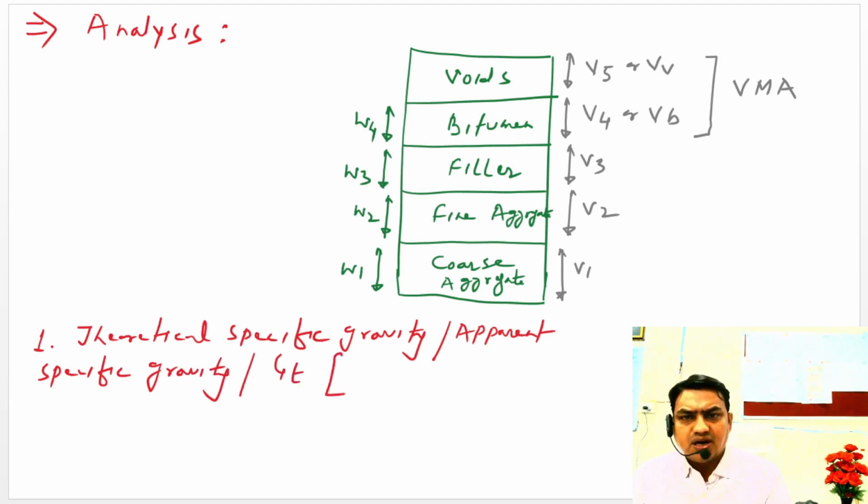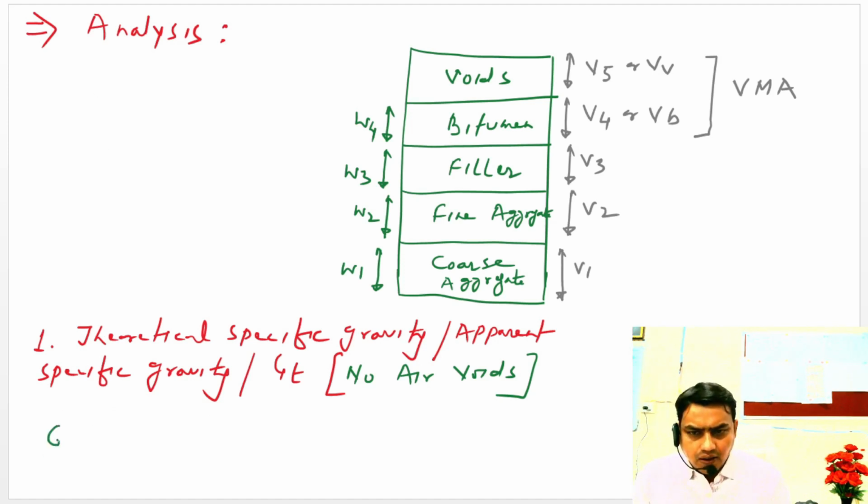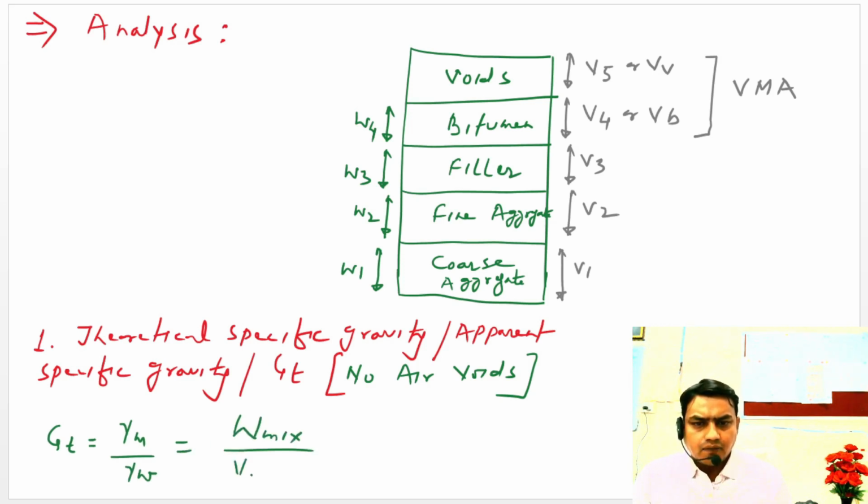It is that type of specific gravity where no air voids, no voids are taken into account. So the theoretical specific gravity can be written as gamma m by gamma w, or gamma m can be written as W mix divided by volume of solid into gamma W.